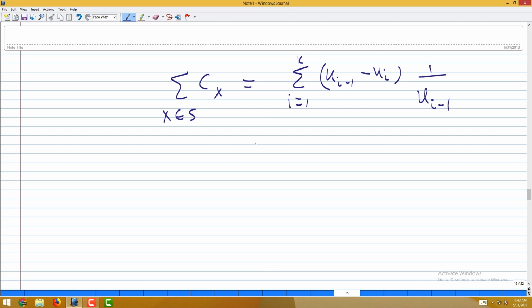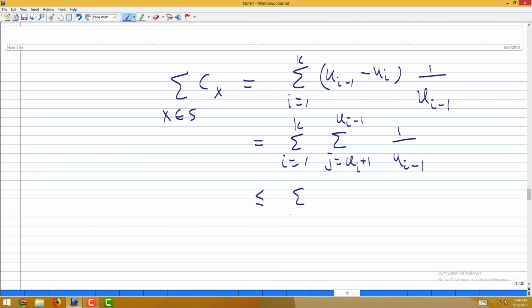Okay. Now, there is some harmonic coming here, you can already start seeing. So, this is sum from 1 to k, summation j equal to u_i plus 1 to u_i minus 1, 1 by u_i minus 1. So many times 1 by u_i minus 1. So, I am just going to write this.